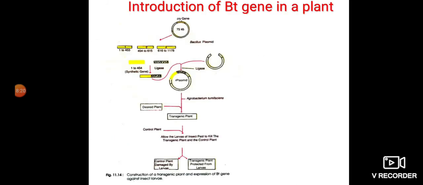So how did they do it? They took the cry gene and inserted it into a bacterial vector, a Bacillus plasmid.